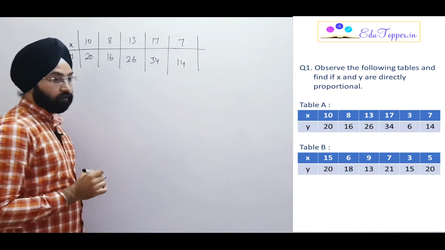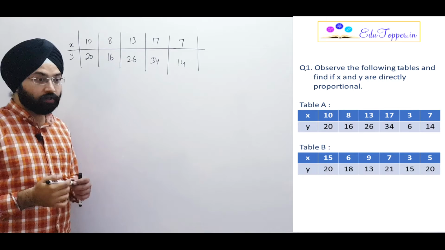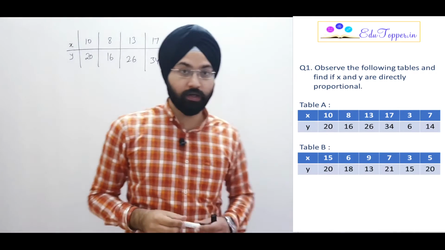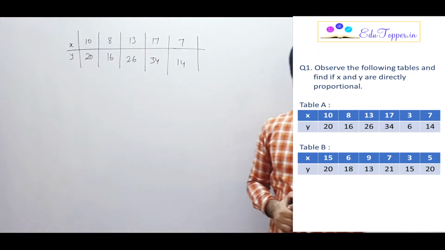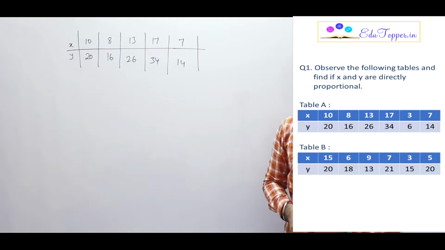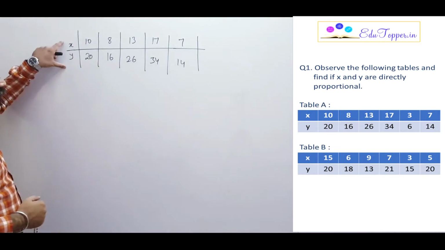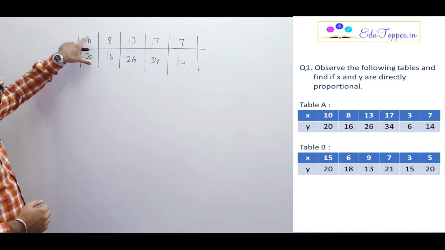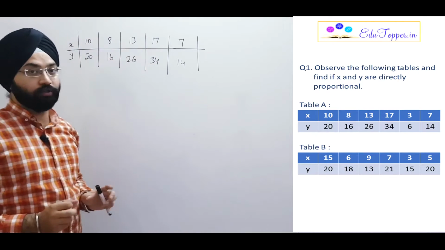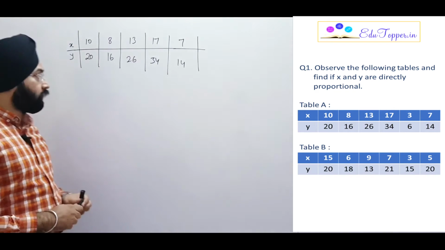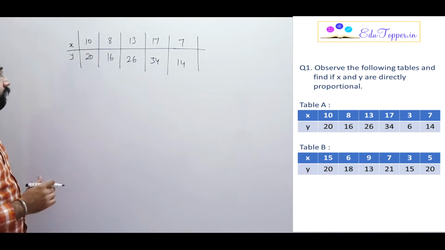Now the question says: observe the following table and determine whether x and y are in direct proportion. The quantities x and y are given here. We have to determine whether these values are in direct proportion. So how can we do that?